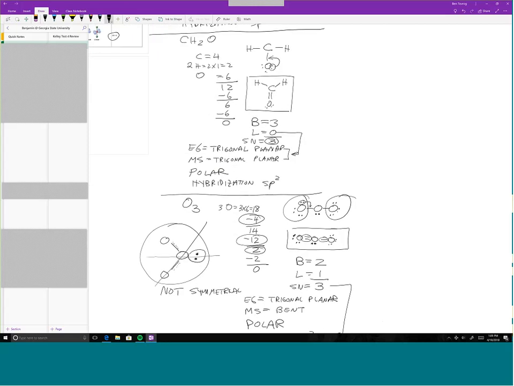So the 2 leftover electrons had to go somewhere, and where they go is to the center atom. So that is why we have the lone pair of 1.